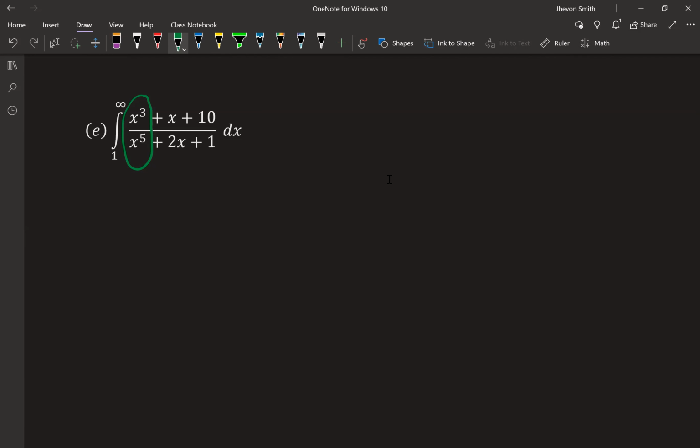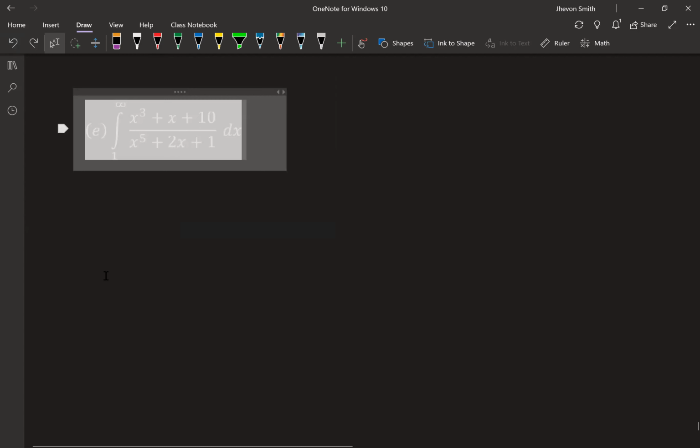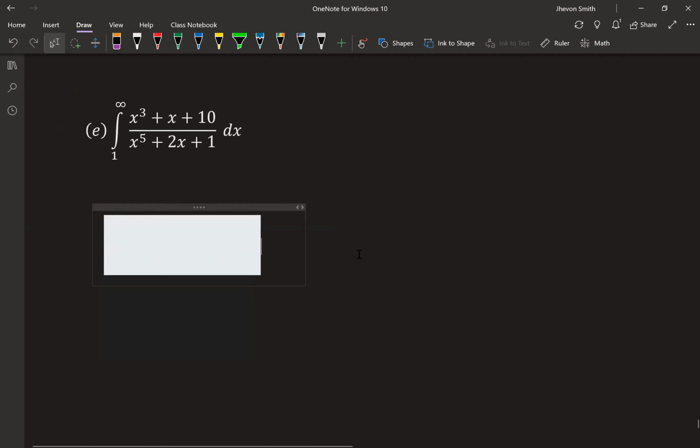And then you can determine what these guys are going to do close to infinity based on where the highest powers are. So you kind of had this idea, and maybe I should actually copy this so that you can see, because I'm going to mark this guy up.